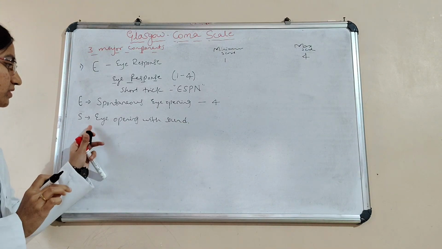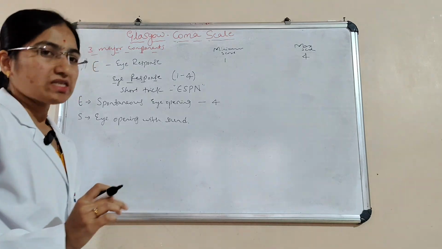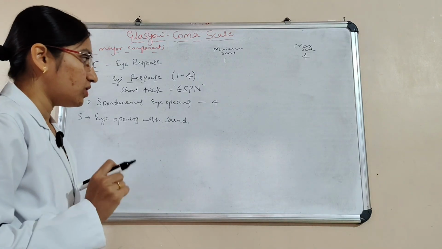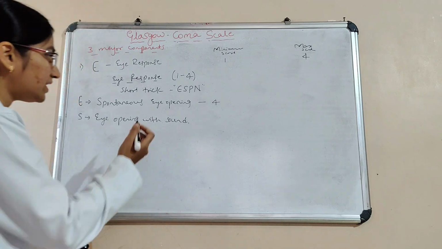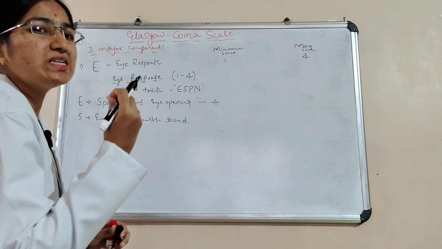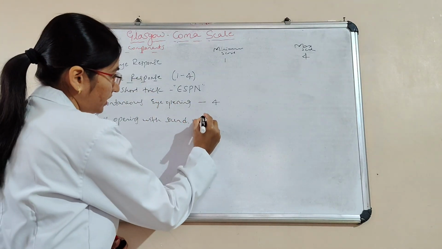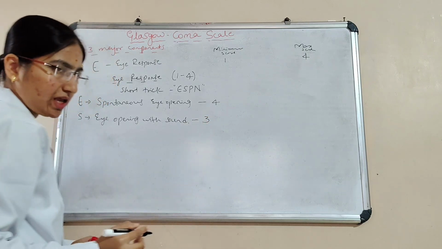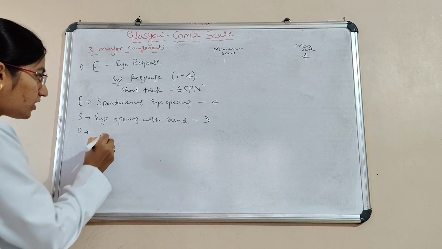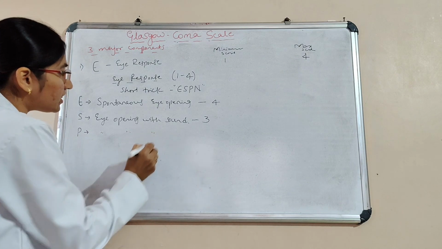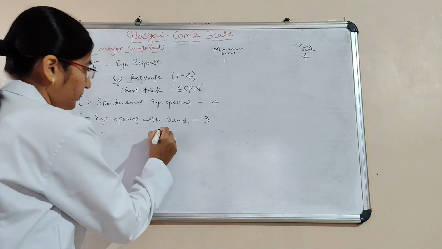And then S stands for eye opening with sound. When that person enters and then shouts, that time the person is going to open his eyes. That time we can give the score 3. And then P stands for eye opening with painful stimuli.